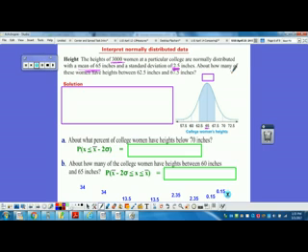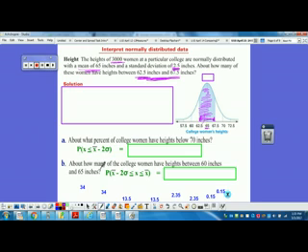Then the question says, about how many of these women would be between 62.5 and 67.5 inches? So let's see here. 62.5, that's right here, 1 standard deviation below. 67.5 is right here, 1 standard deviation above.